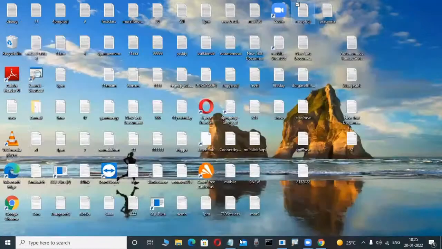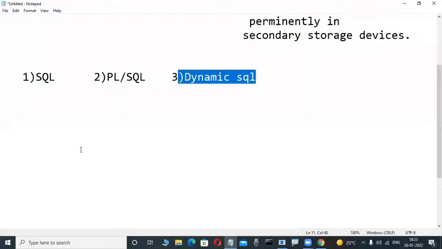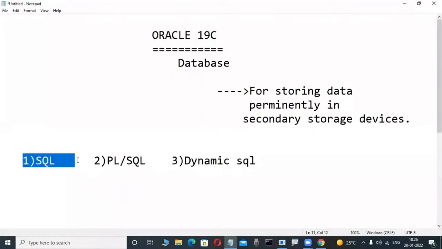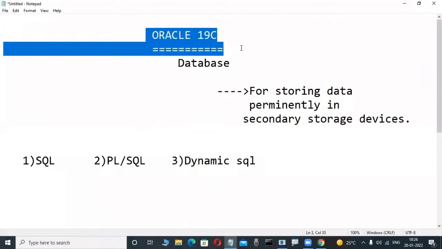So much syllabus is there. Don't worry. That's why we first learn the SQL language. After that, once you get some knowledge, then you learn PLSQL. Through these two languages, we are operating this Oracle software.